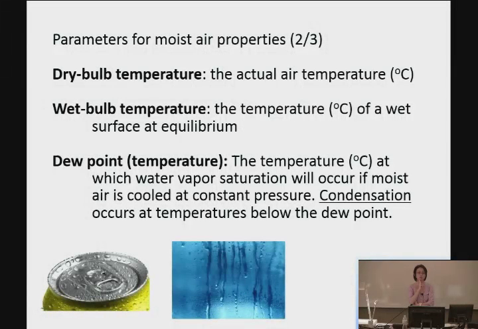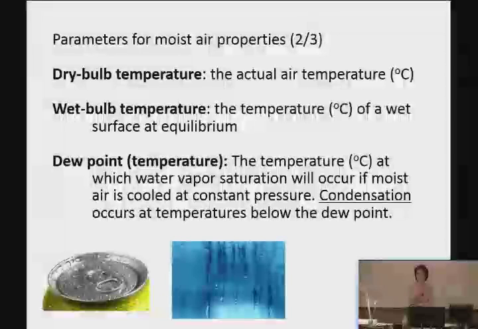Dry bulb temperature is basically the air temperature you are measuring, but the sensor is always dry. That's why we call it dry bulb temperature, to separate it from the wet bulb temperature. The wet bulb temperature sensor is always wet. The sensing point is wet with pure water, and it senses the equilibrium wet surface temperature.